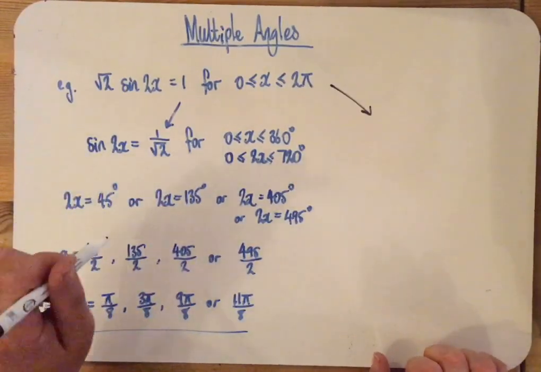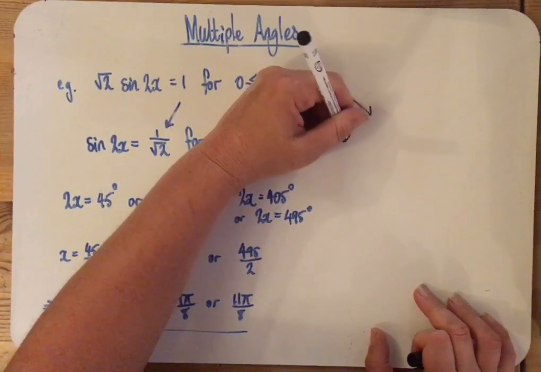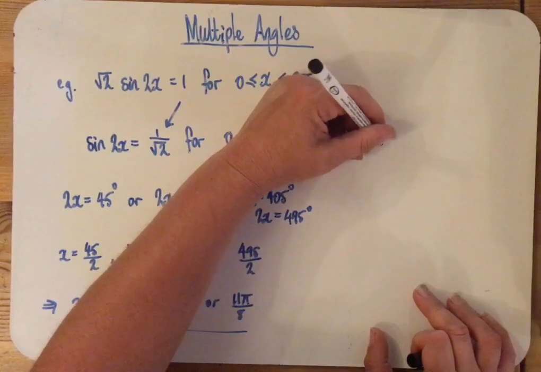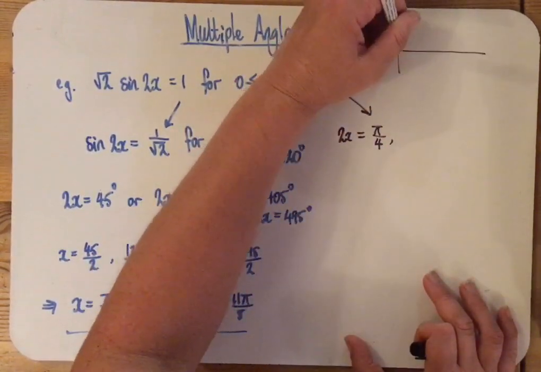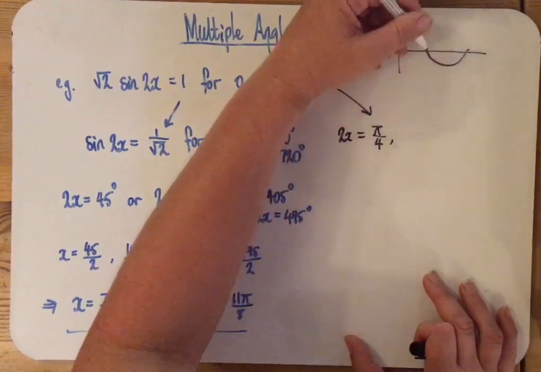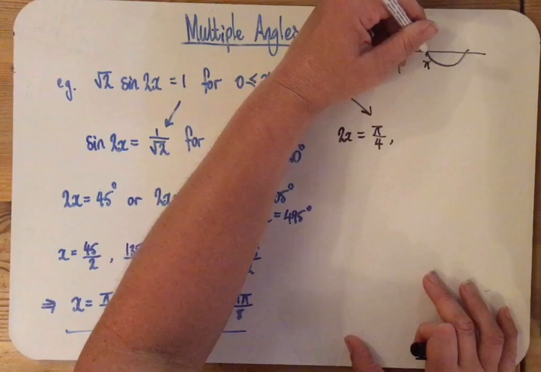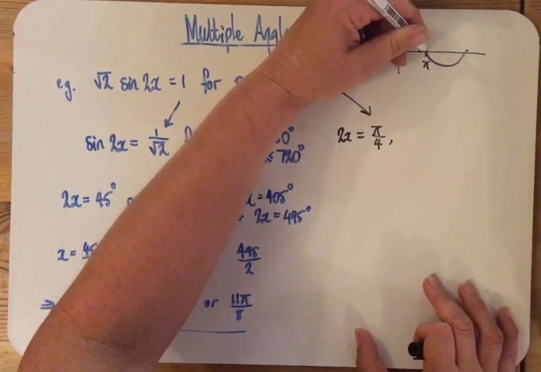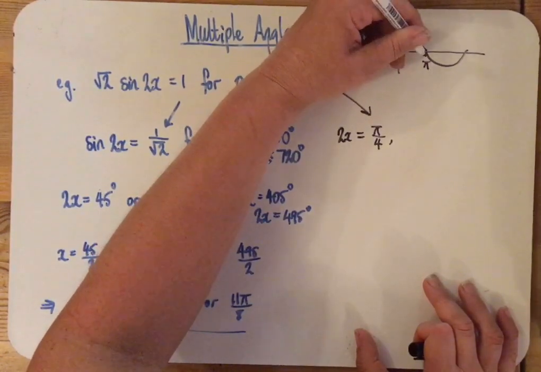So if you have your calculator in radians mode, that will give you that 2x is pi by 4. And then if you go into your sine curve, to get to your other solution, this is pi radians, not 180 degrees. So you go forwards pi by 4, back pi by 4 from pi.